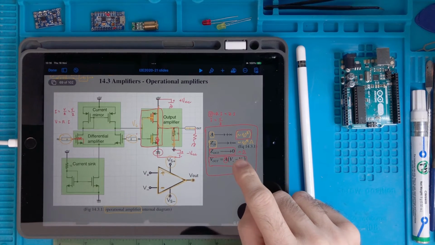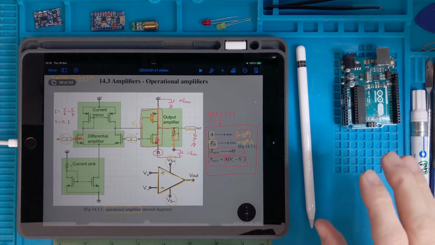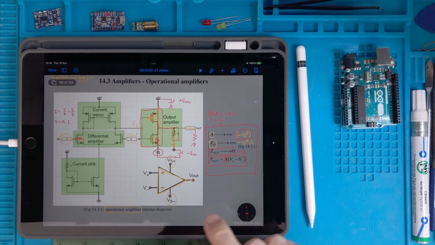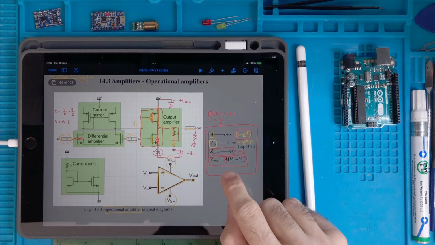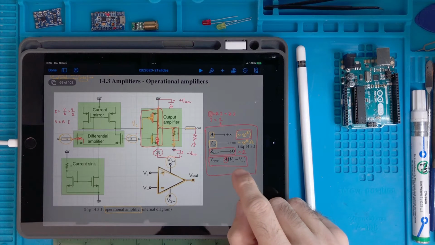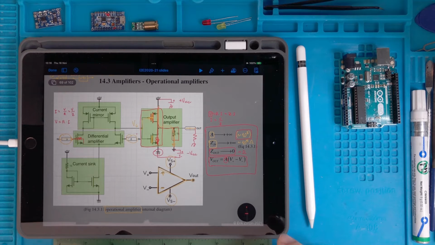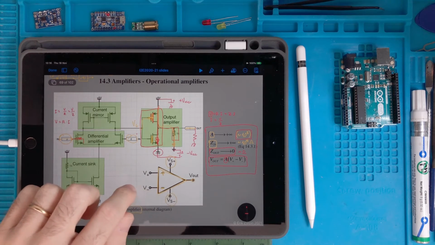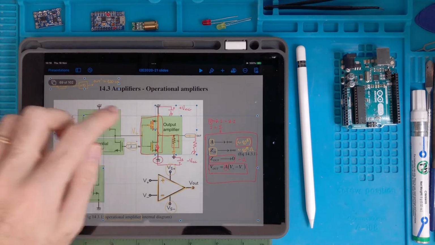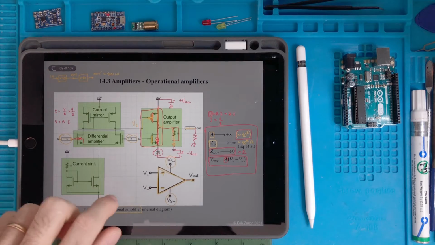A low output impedance is good because it means that we can deliver the signal to something. This is the equation that regulates the differential inputs. We have to understand why we need a very high amplification factor. So the solution to this question comes from this circuit.